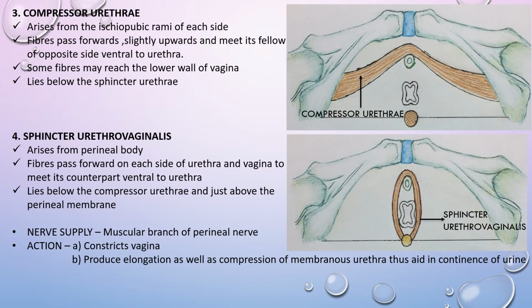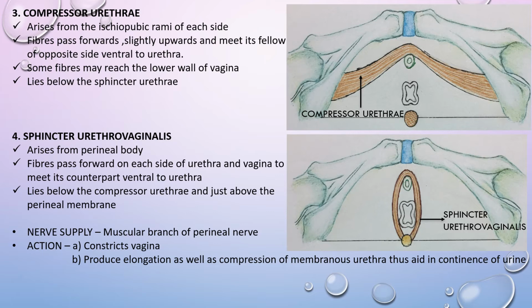Coming to the third muscle in the deep perineal pouch in females, that is the compressor urethrae. This muscle arises from the ischiopubic rami of each side. Fibers pass forwards, slightly upwards, and meet its fellow of the opposite side, ventral to the urethra.